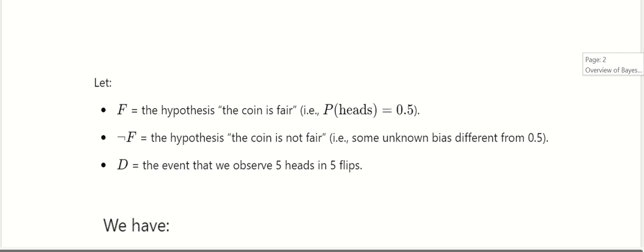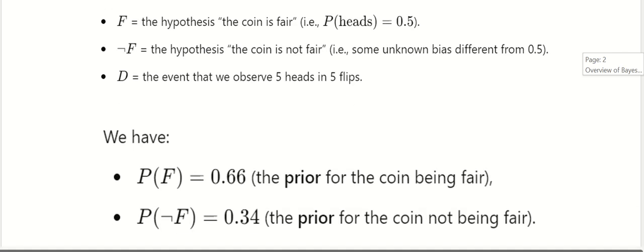So as we know, if the coin is fair, that means we have a 50% chance to get either heads or tails. If it's not fair, here comes the problem. That means there is a bias from that 50% we talked about first. And to validate this, we have to do an experiment. We flip the coin 5 times, and in those 5 times, we actually got 5 heads. So now, based on that data, is the coin fair or not? We want to calculate exactly how much.